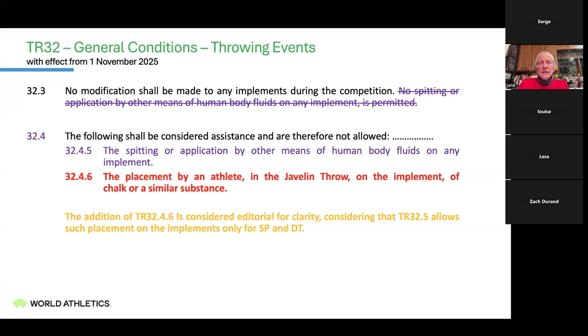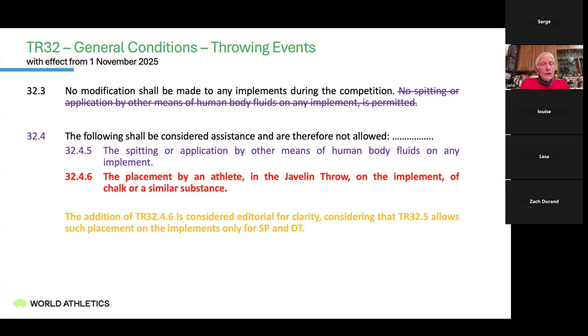That means an athlete can't spit on their hand and then put their hand on the implement, because they're still putting human body fluids on the implement. So have them wipe off the implement, clean it off, and it could be a warning as well.